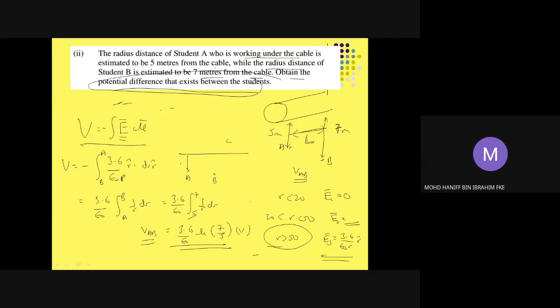This is 5 meters, this is 7 meters, for instance. Initially it's a 10 meter distance between the two points. If I put B further away, at a 20 meter distance, with the same point B still 7 meters from the cable, we can say that the potential difference VAB for the first case equals VAB for the second case, because the distance between the two points does not matter. We just care about the distance of the points from the cable.